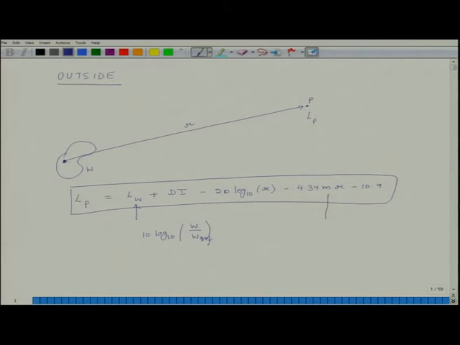and m is the air attenuation coefficient.